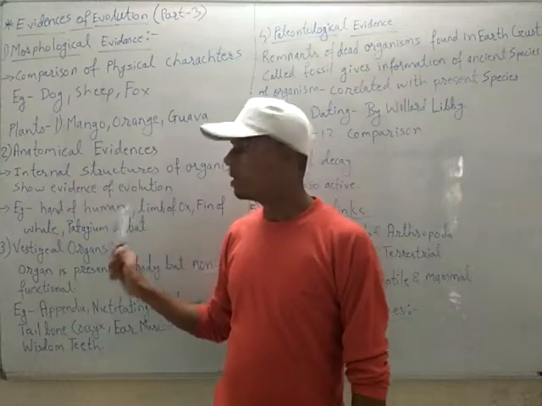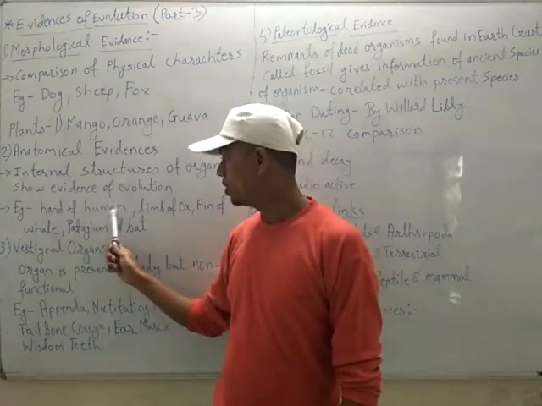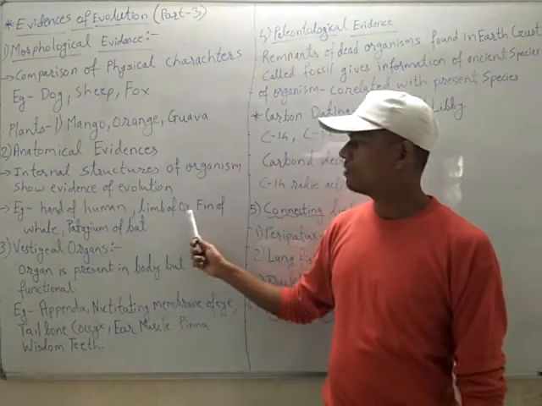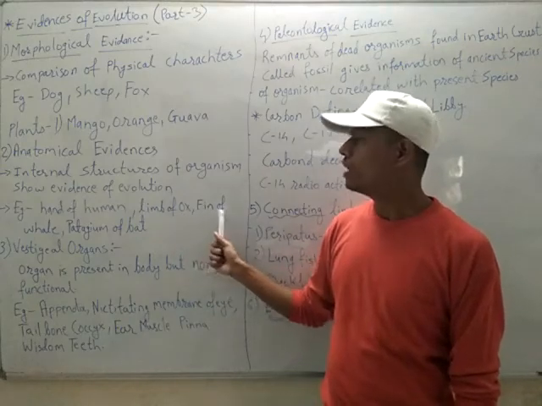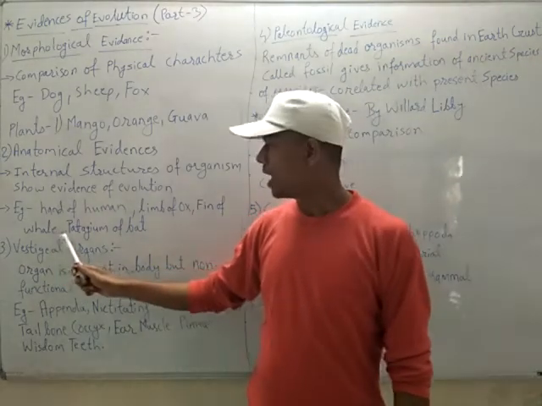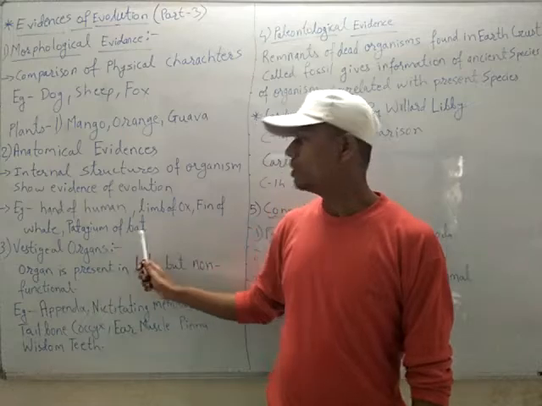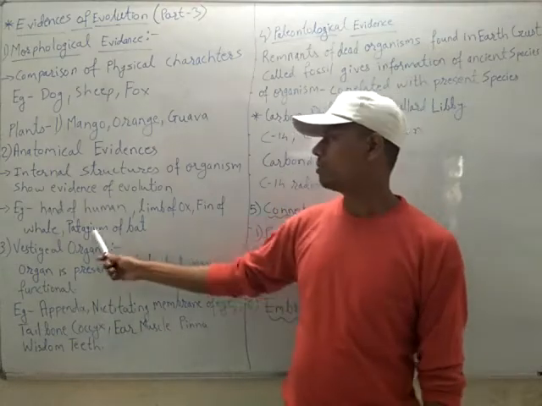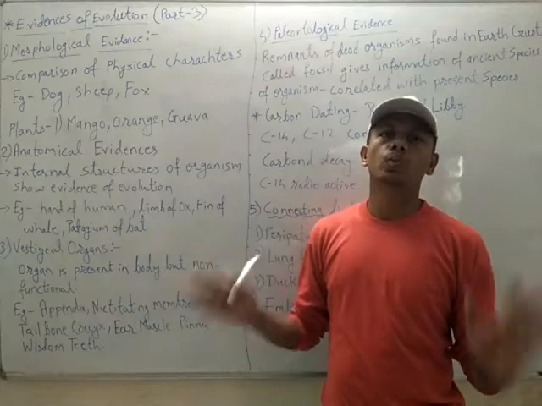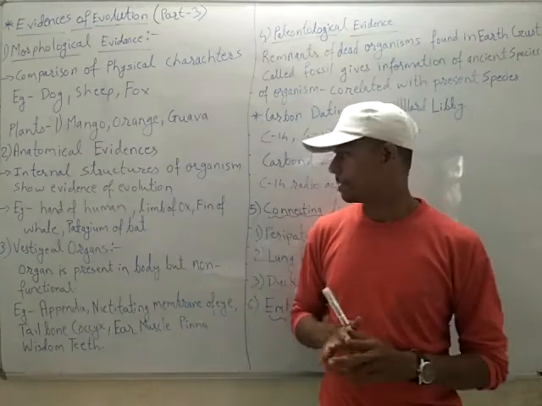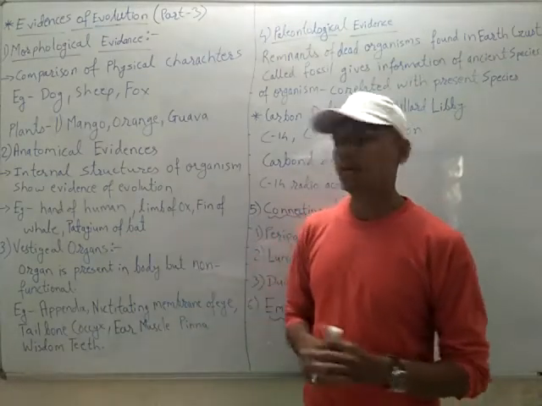If you take the example of the hand of a human, the front limb of the ox, the fin of the whale, and the patagium of the bat. The patagium of the bat is the internal structure of the wing-like structure of the bat.